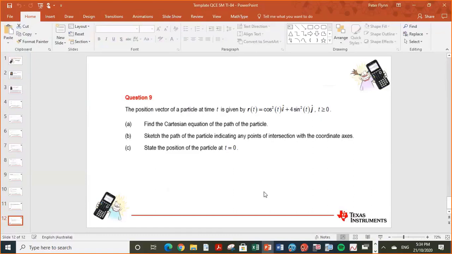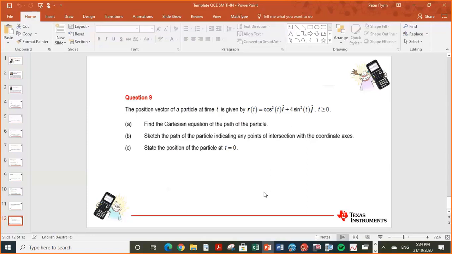we know that x is cos squared t, and we know that y is 4 sine squared t. So what we could do is multiply through by 4 for x equals cos squared t. So 4x equals 4 times cos squared t.